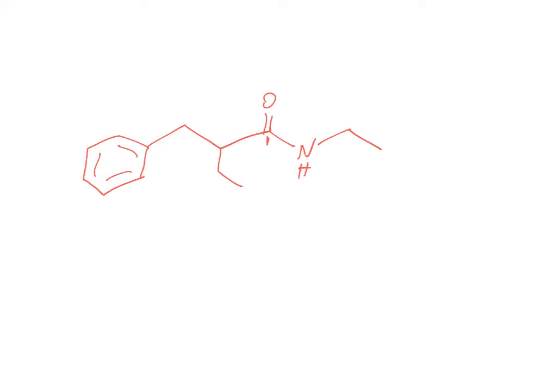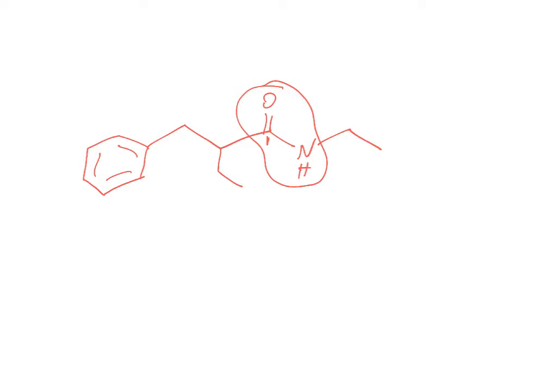Likewise, if you had perhaps maybe a butyl chain, you have a C double bond O, you have a nitrogen, you have an ethyl, maybe this one is secondary, and I have an ethyl group here, maybe I have a benzene ring. Let's make it fancy looking. And so how would you name that? So starting again, your amide is going to be your point to begin with. That's your terminal.